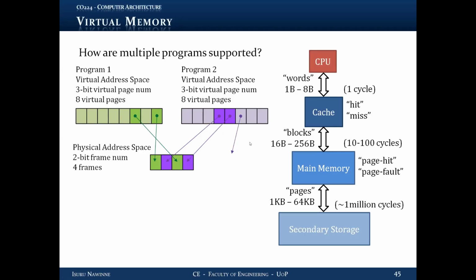So when the CPU wants to access a particular data word, let's say program 2 is running on the CPU right now, and it needs to access a data word belonging to the second frame, which I'm pointing to here, right? So a data word in that virtual page.